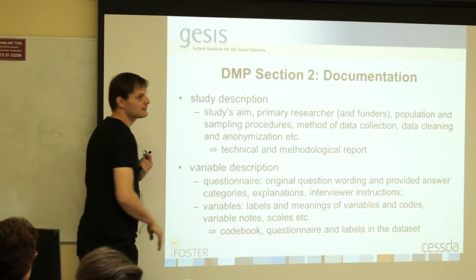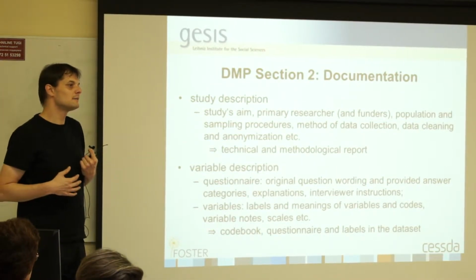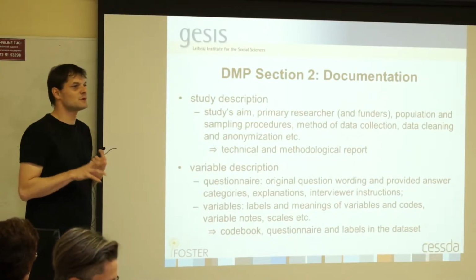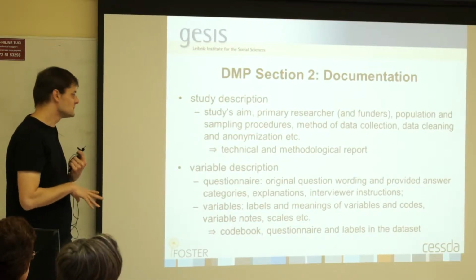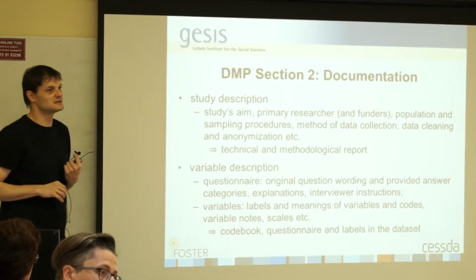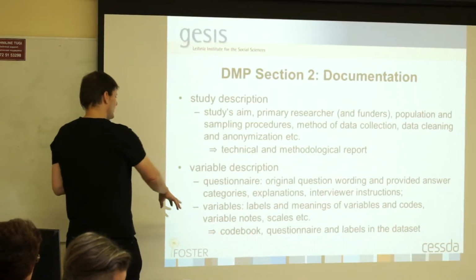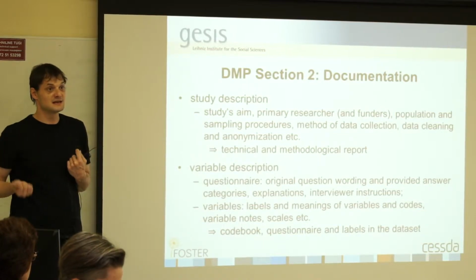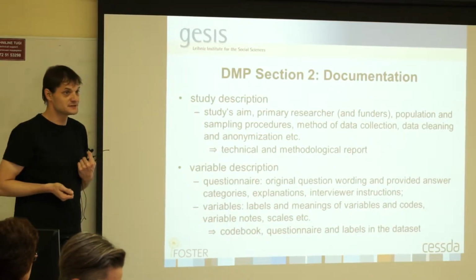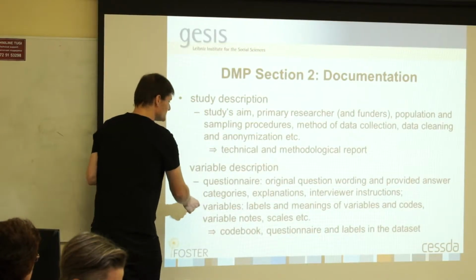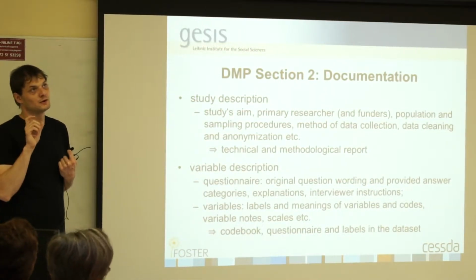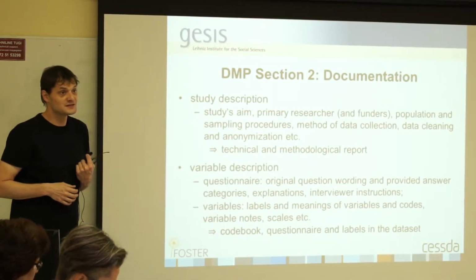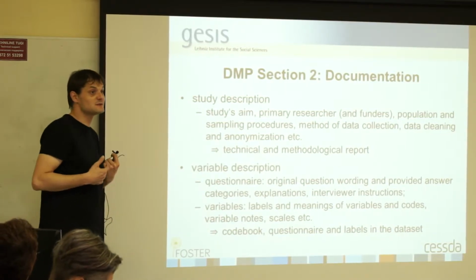And then, of course, on the variable level, you might simply keep all the documents used in the field, so the questionnaire of origin, which already contains the questions and provided answer categories, the interviewer instructions, the show cards handed over to participants, and all this stuff. And of course, you might write it down in a codebook, including also the variable labels, as well as the meanings of the labels, and the codes. And in addition to simply including the names of the variables and the codes, you should also include variable notes, which, for example, explain how variables were constructed.